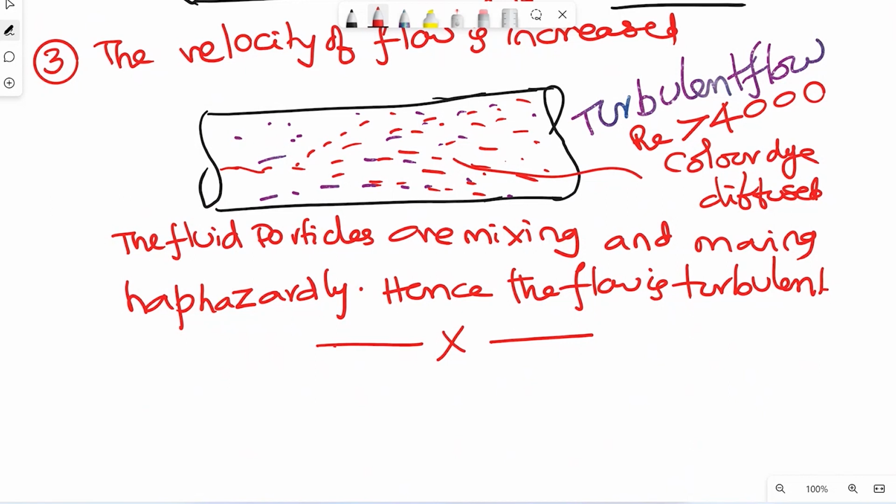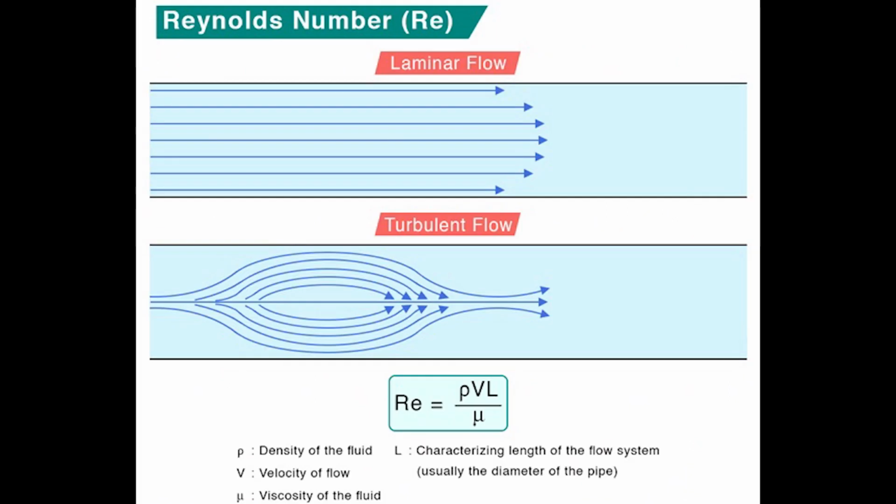So total four figures, and whatever I covered before this, that means what is Reynolds number and how the Reynolds number values change for the flows, all that comes under the Reynolds experiment. So this completes the first question of your pipe flow. In this lecture, I covered only one question: what is Reynolds experiment, and what is Reynolds number?